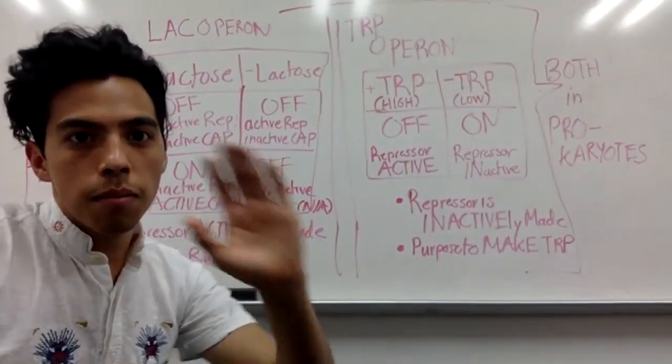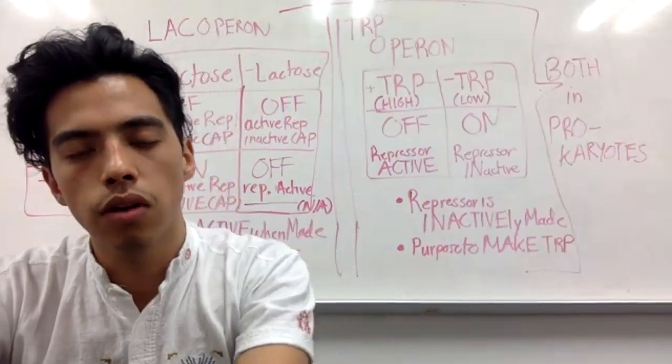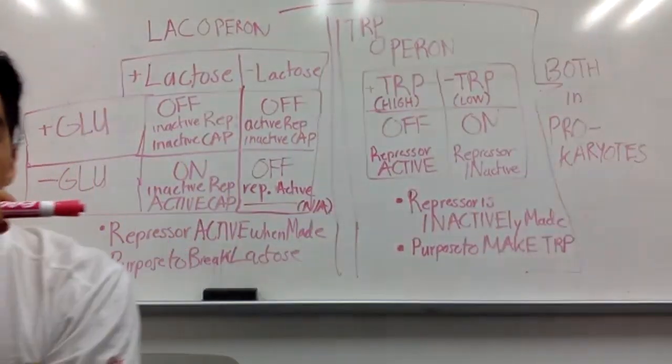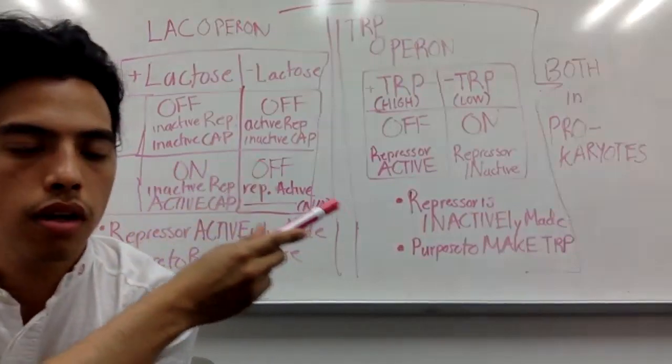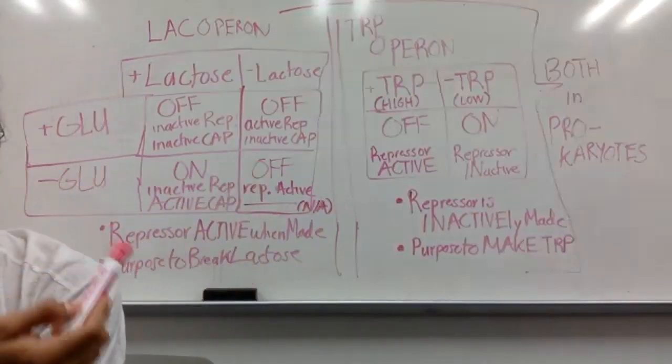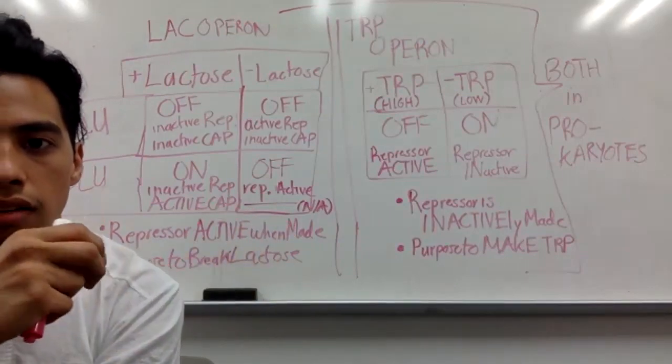Before we end the live stream, the last thing I'll say is the difference between the lac operon and the trp operon. For the lac operon, the repressor is actively made, so when it's made, it's active.